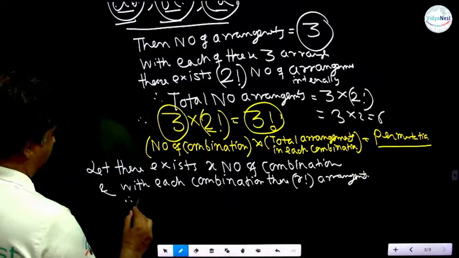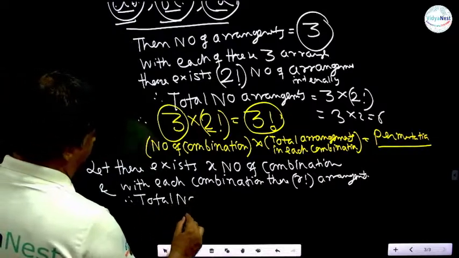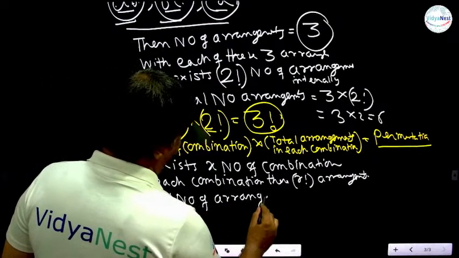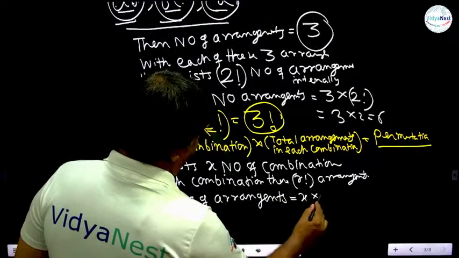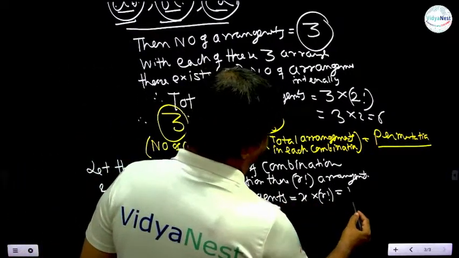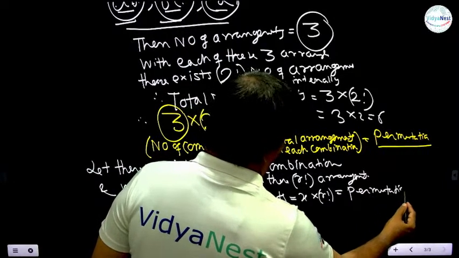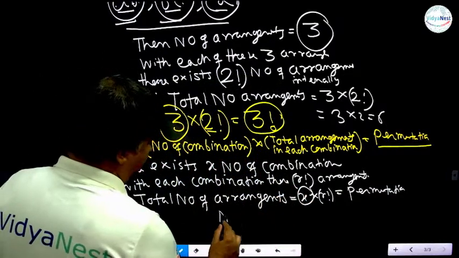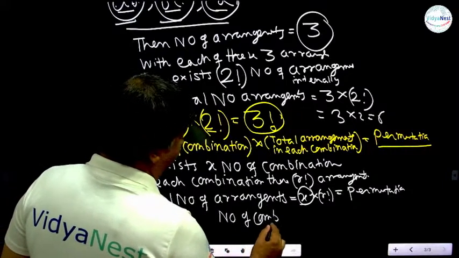So the total number of arrangements is x into factorial r, and that is nothing but, I told you, permutation. Now x is what? The number of combinations, the number of groups.